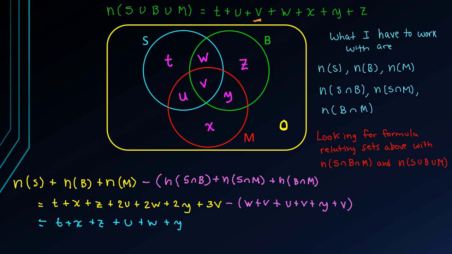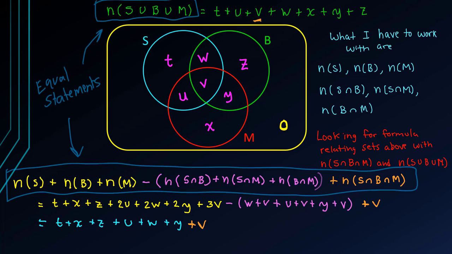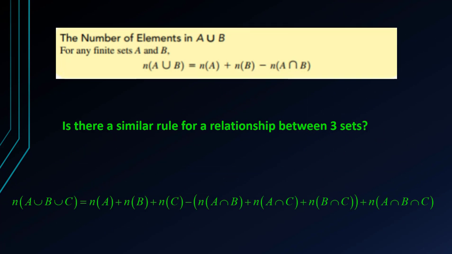Well, you have to remember, V represented the number that were in S and B and M. If I added that to this sum, I would get my plus V here and here, which would make this and this expression here the same. So these are now equal statements, this statement up here and this statement down here, which means that I now have a formula for 3 sets.